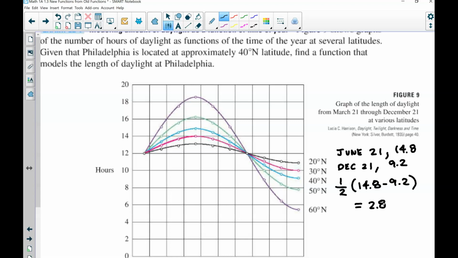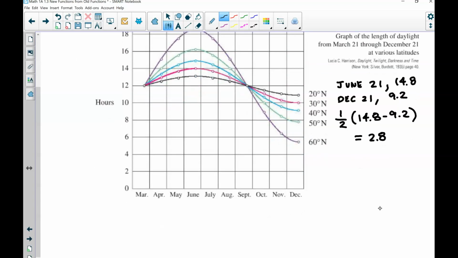Now, by what factor do we need to stretch the sine curve horizontally if we measure the time t in days? So because there are 365 days in a year, the period of our model should be 365.